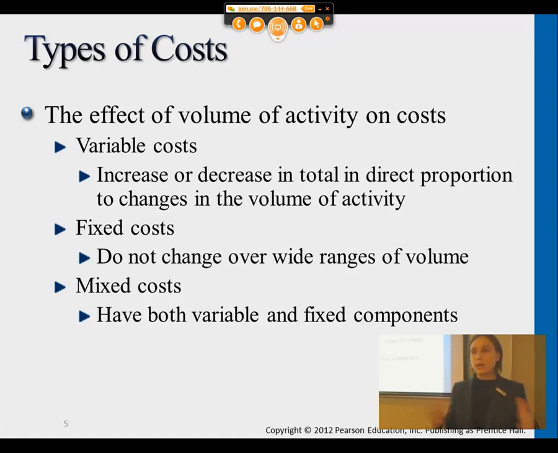So if my production is increasing and I'm still utilizing the same amenity, then yeah, my cost is not changing. But what if I'm increasing so much that I need to rent another one? Then my fixed cost is going to change. So remember this. We'll talk about when there is a relevant, let's say, relevant range, okay, when fixed cost does not change with volume, right? So keep that in mind, yeah.